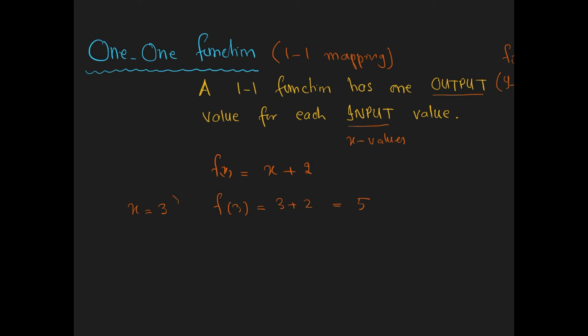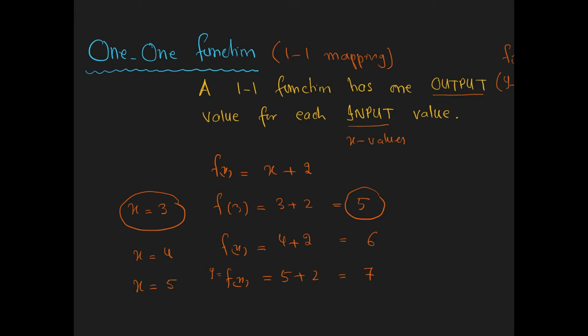So there is one input which gives us a single output. Similarly, if x is equal to 4, we get f of x is equal to 4 plus 2, which is equal to 6. X is equal to 5, f of x, or we can also say y, is equal to 5 plus 2, which is equal to 7.